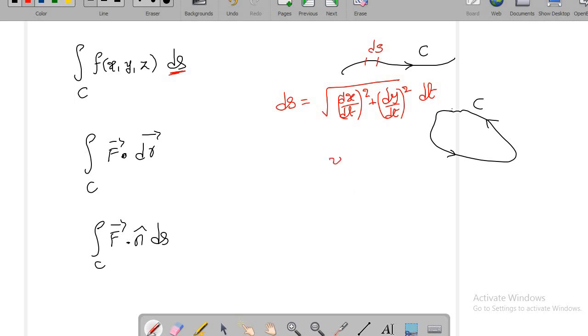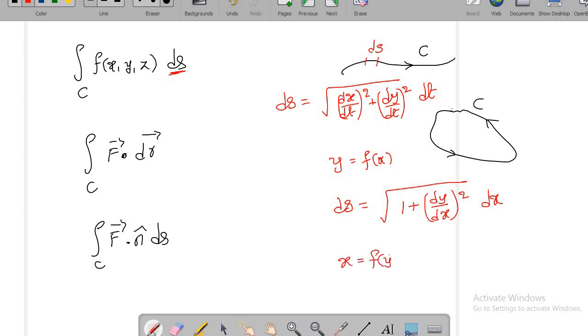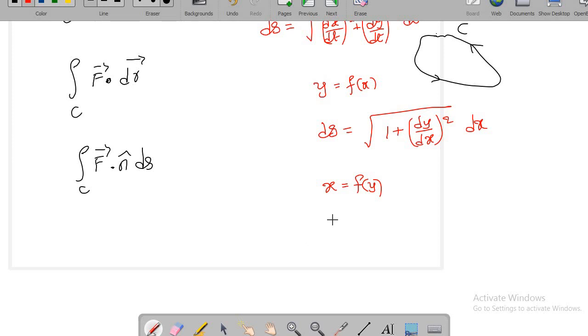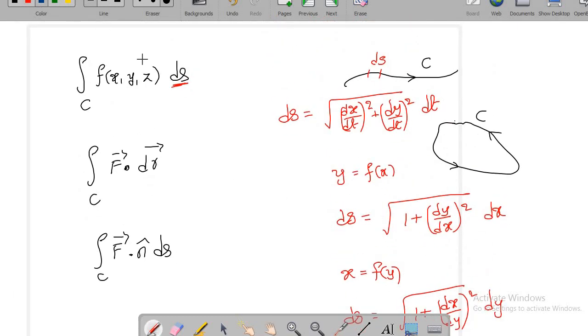Suppose y is a function of x, then what we write in place of ds is square root of 1 plus dy by dx whole square into dx. Whereas if you know x as a function of y, then we'll replace this ds with square root of 1 plus dx by dy whole square into dy. So this is what you need to replace in place of ds.